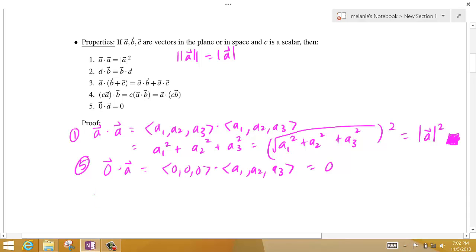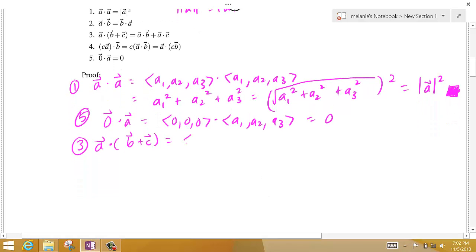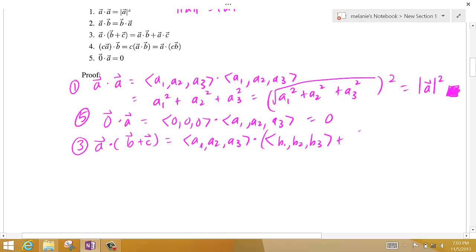What about, let's do number 3. What if I have vector A dotted with the sum of B and C? I can write this as A1, A2, A3, dotted with, parentheses, B1, B2, B3, plus C1, C2, C3.